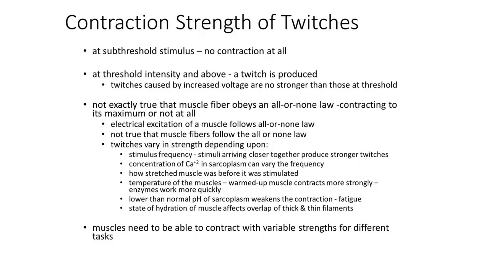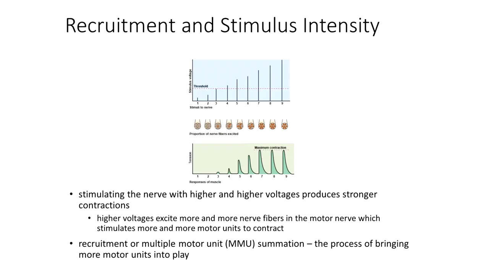Muscles need to be able to contract with variable strengths for different tasks, right? Not all the things you do are the same within your body. So there is recruitment and stimulus intensity. Stimulating the nerve with higher and higher voltages will produce a stronger contraction.